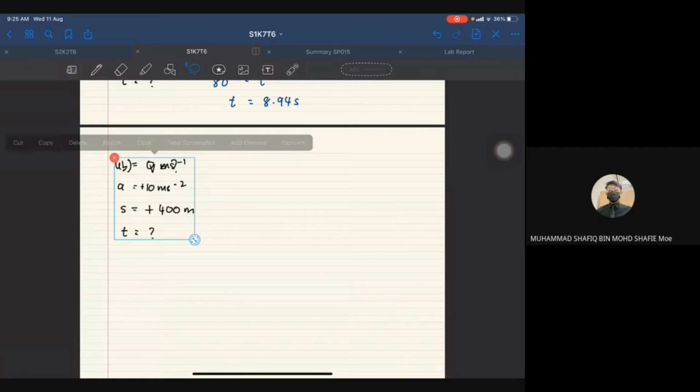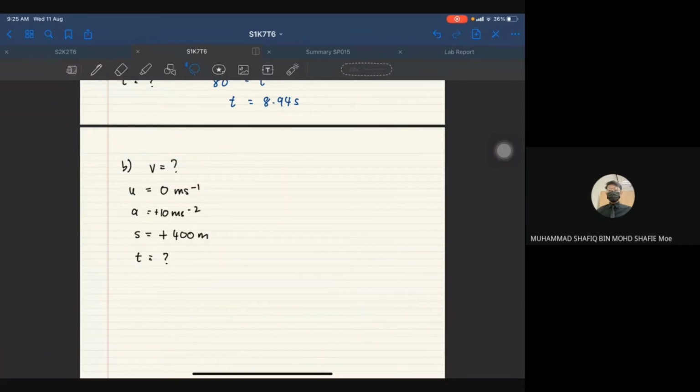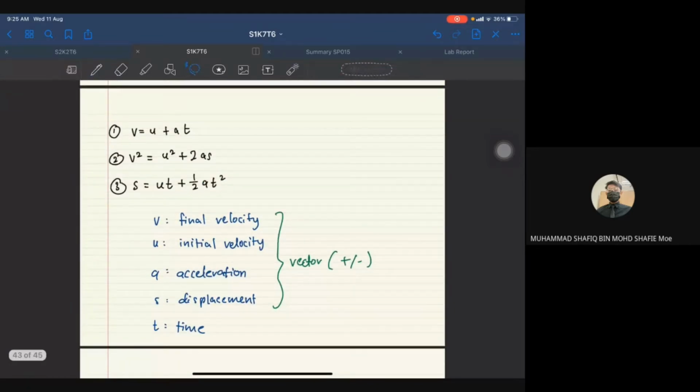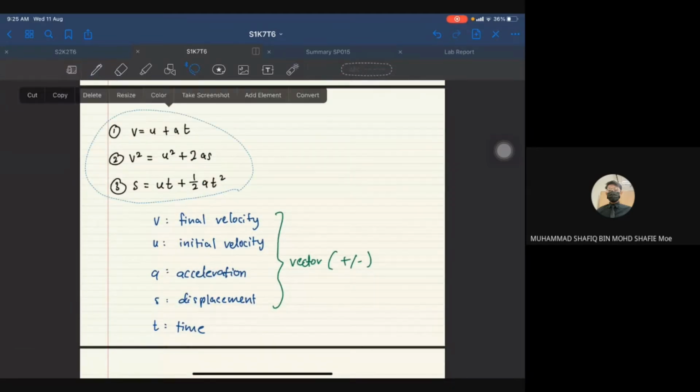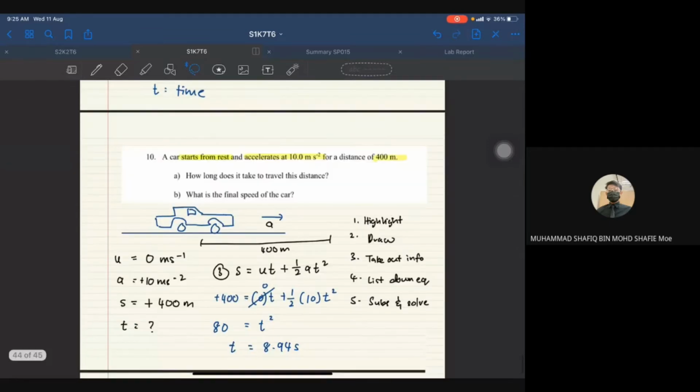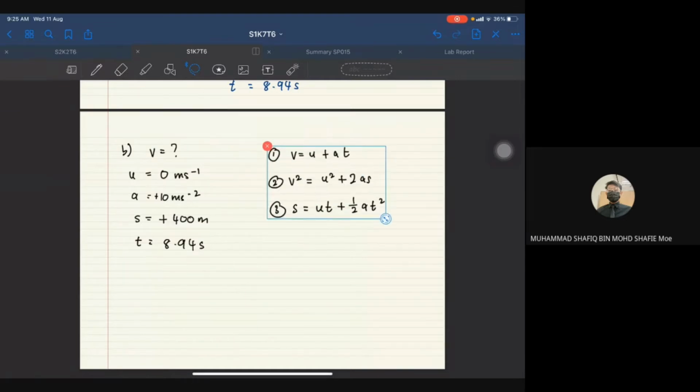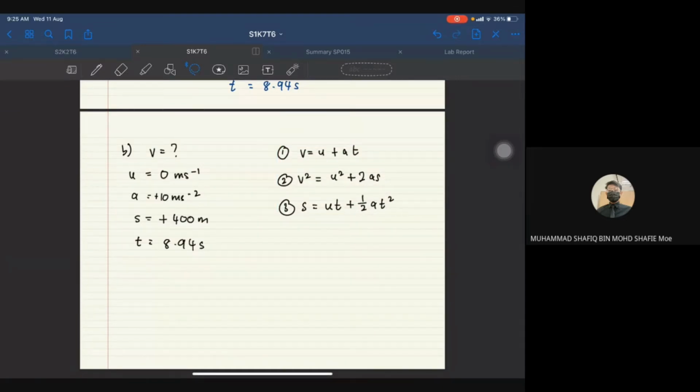Okay, the difference now, you already have the time. Okay, and then you want to find your final velocity.